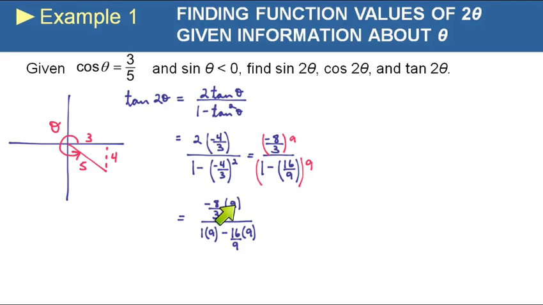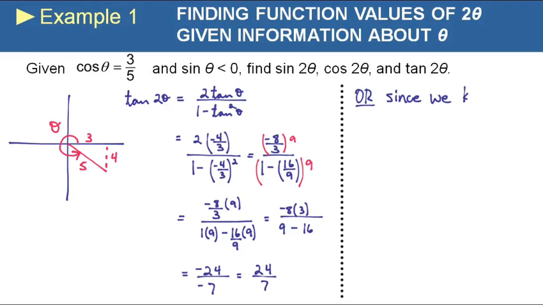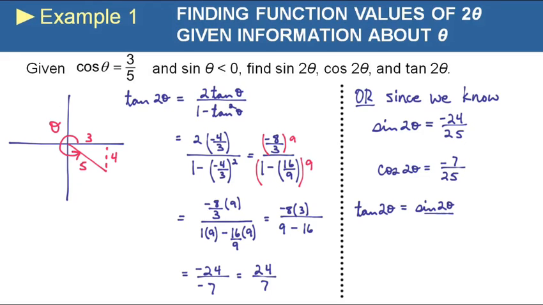It's easier that way. 9 over 3 is 3, and negative 8 times 3 is going to be negative 24. In the bottom, 1 times 9 is 9, and with the second term, the 9's will cancel and we'll be left with negative 16. So we now have negative 24 over negative 7, which is positive 24 over 7. Or you can look at it this way.